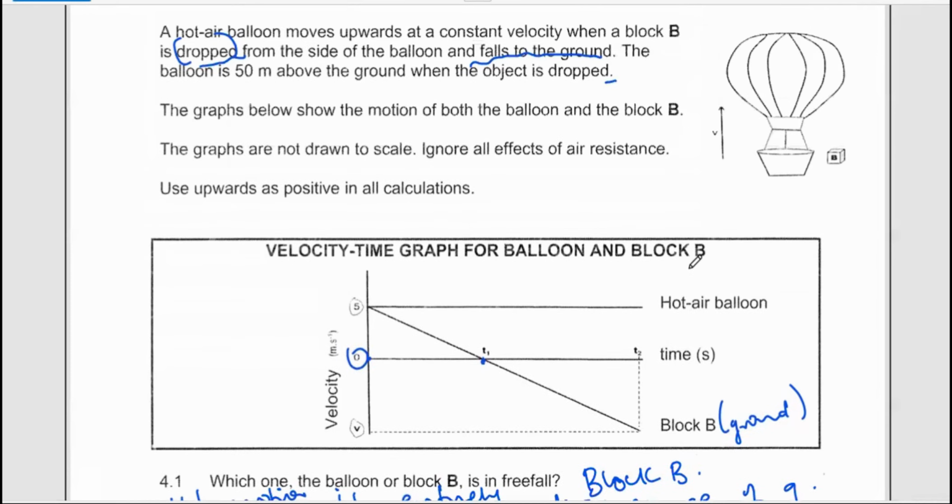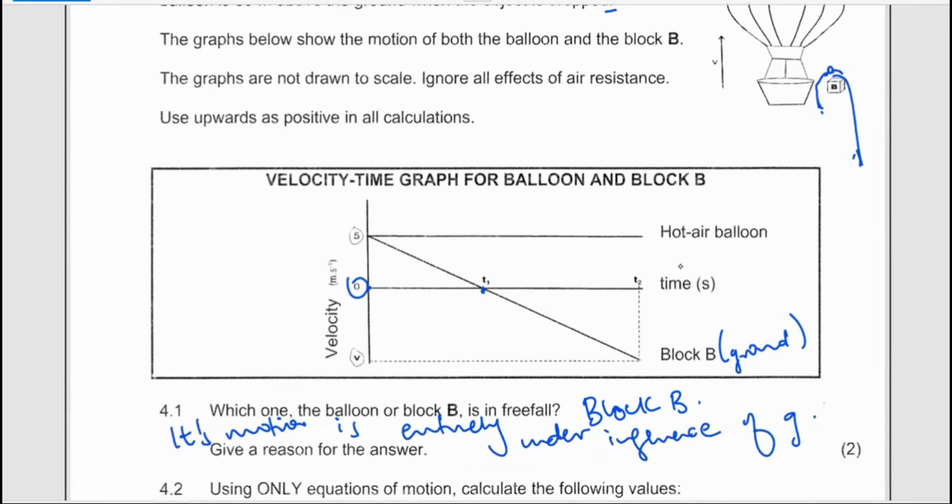One thing we need to remember is that when objects are thrown from a hot air balloon, they will momentarily take on the inertia principle, whereby they continue moving at 5 meters per second upwards until they reach a maximum and then they drop, especially for this block in question. So our V initial is 5 meters per second, but our V final is 0.